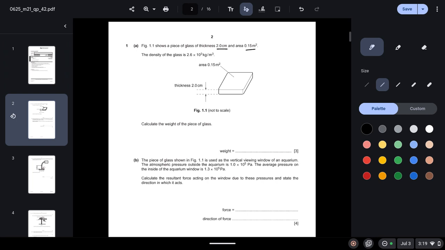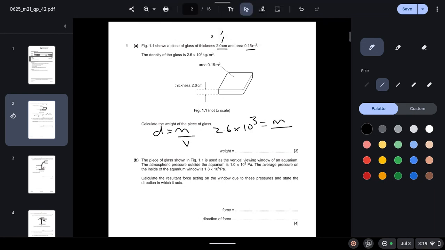So in order to calculate the weight, first we'll have to calculate the mass using the formula density equals mass upon volume. Density and volume we are given. Volume would become the thickness times the area. Please note here that the thickness is in centimeters.